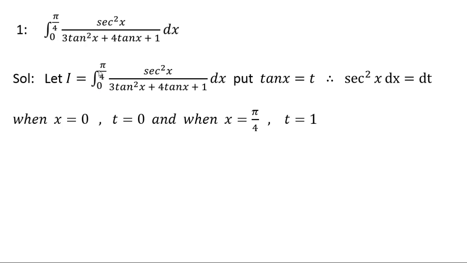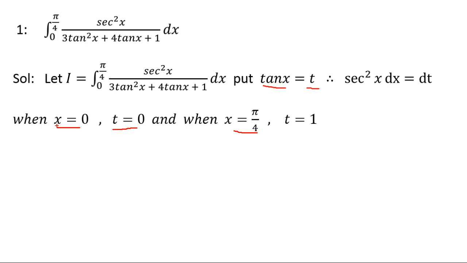But what about the limits? These 0 and pi by 4 are values of x. I must find corresponding values of t. So I take x is equal to 0. When x is equal to 0, t is equal to tan 0, and tan 0 is equal to 0.